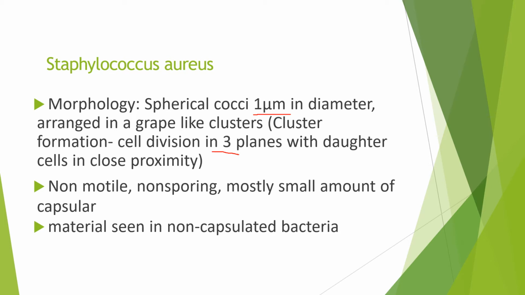We already told that the daughter cells remain in close proximity. Next, it is non-motile and non-sporing. Mostly a small amount of capsular material is seen even in non-capsulated bacteria. Even though it is a non-capsulated bacterium, some strains possess some capsular material above the cell wall.